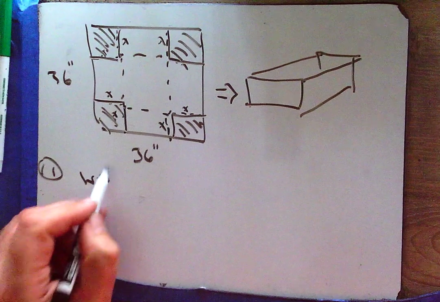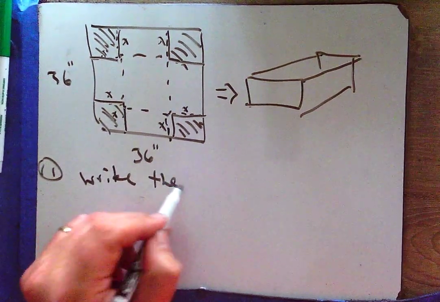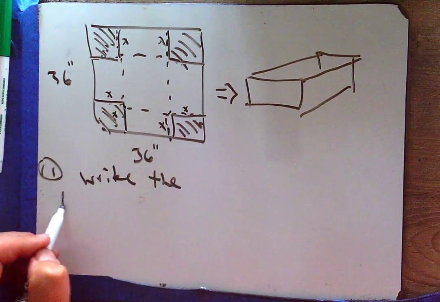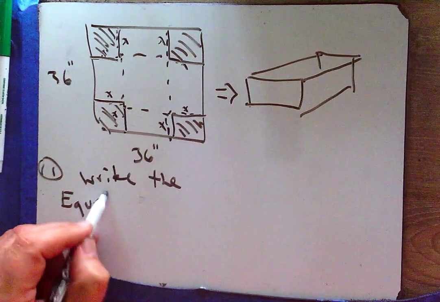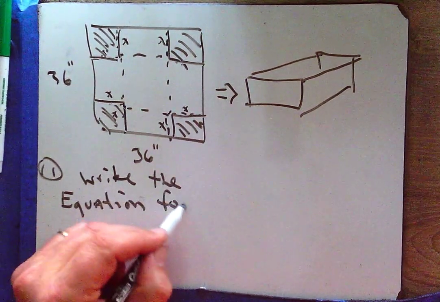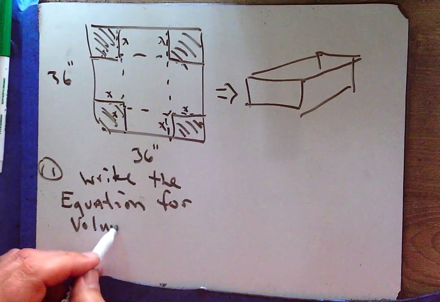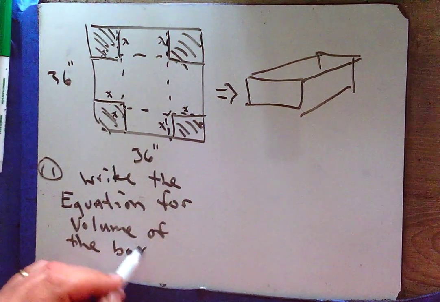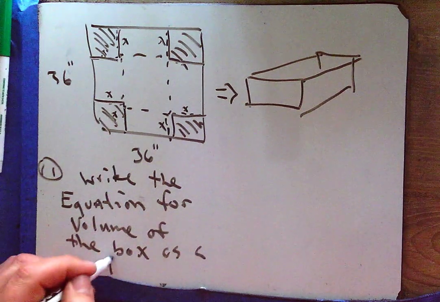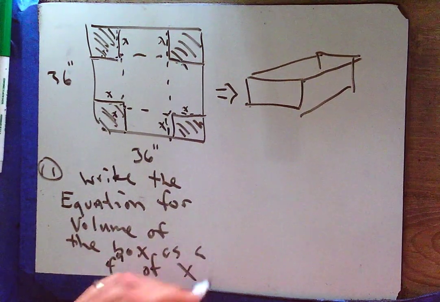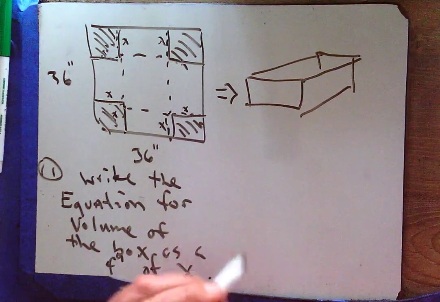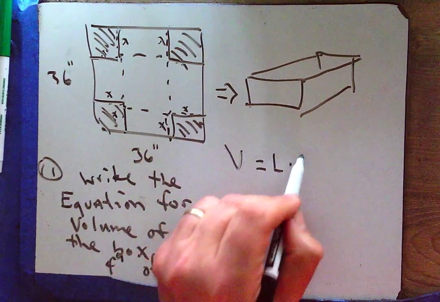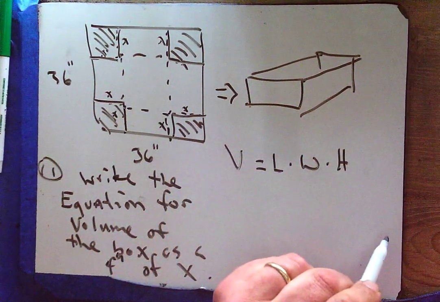Okay? So, 1. Write the equation for the volume of the box as a function of x. Now I know that volume is length times width times height.